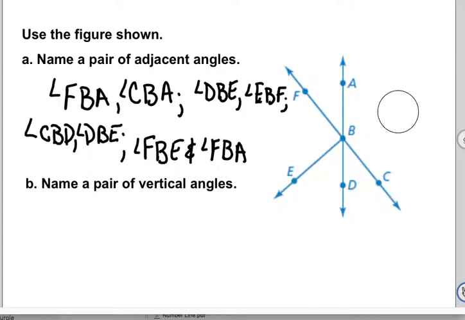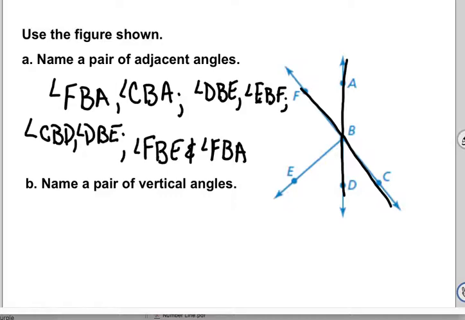Say that again, G. DBE and FBA. DBE, we've talked about that one already. They're not vertical to each other. Chase: EBC, DBC, and FBA. FBA. Good. They're definitely a set of vertical angles. See how now they are looking at each other?